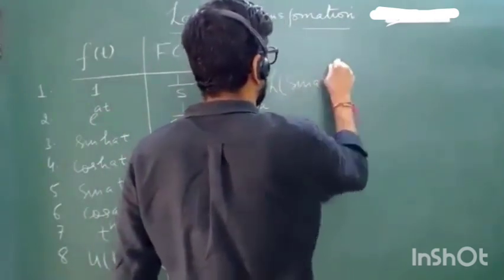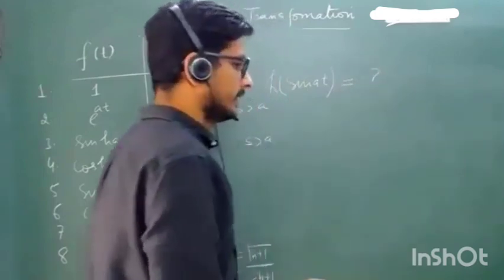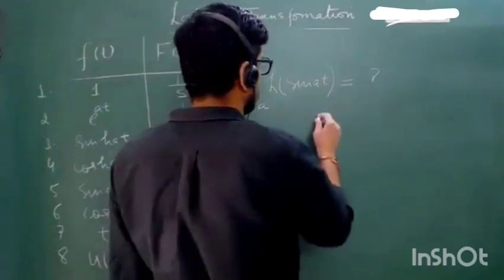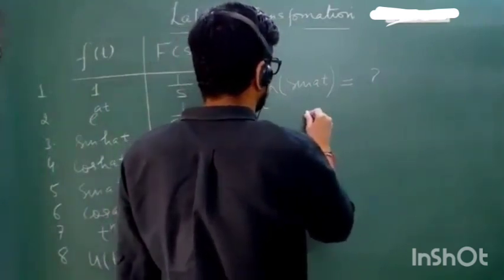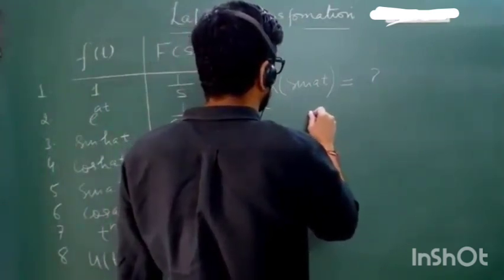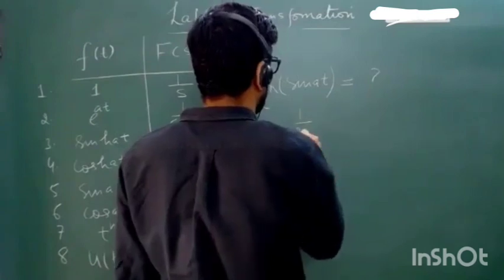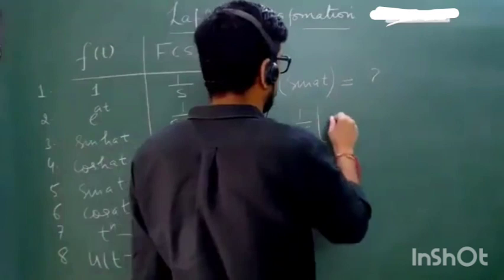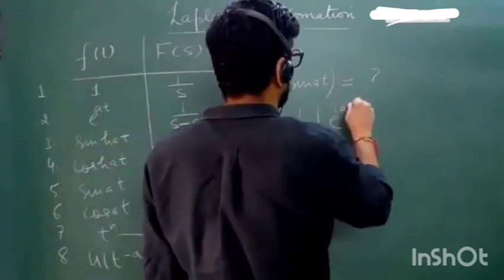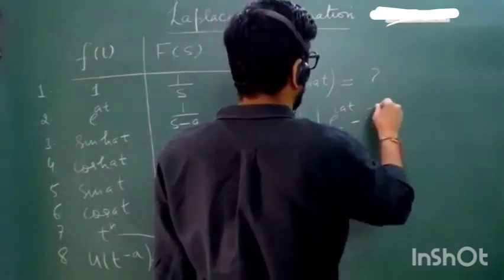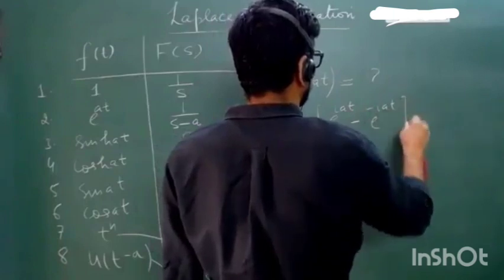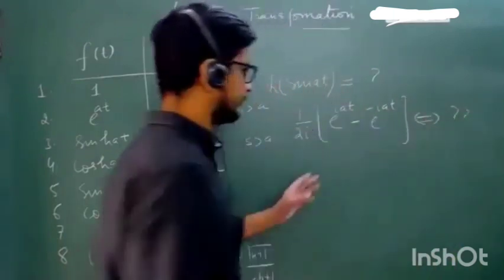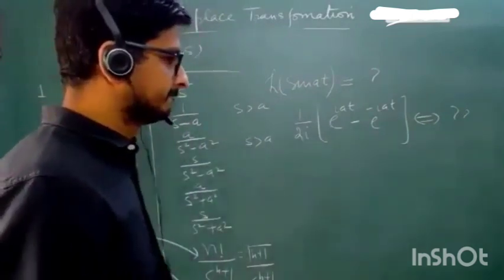The Laplace, suppose I want, it will be half, 1 by 2i, e to the power iat minus e to the power minus iat. We have to write its Laplace.